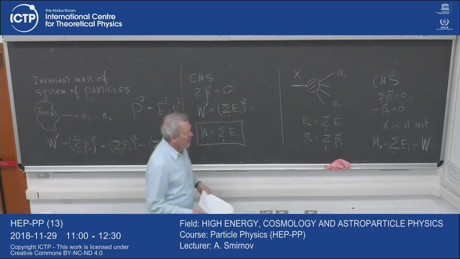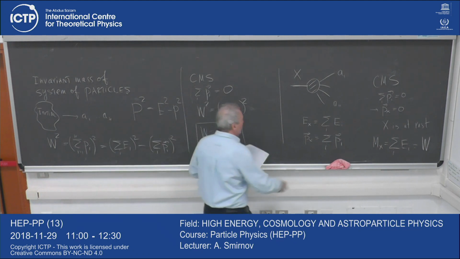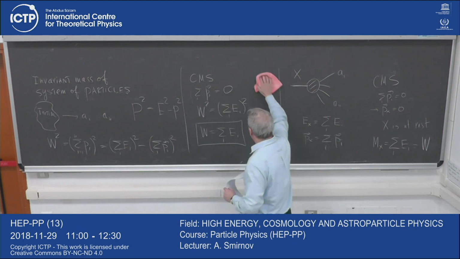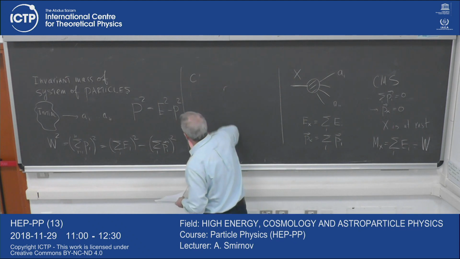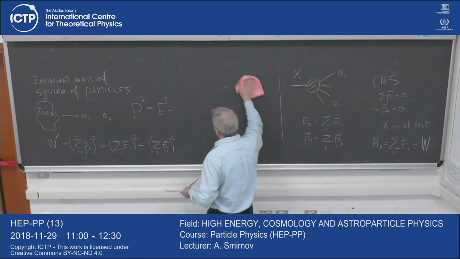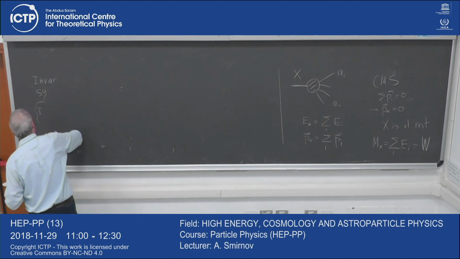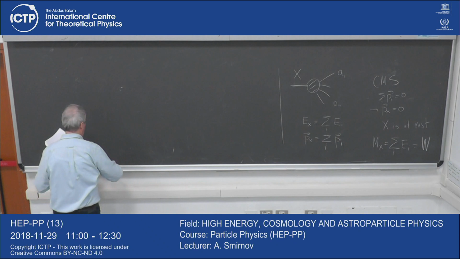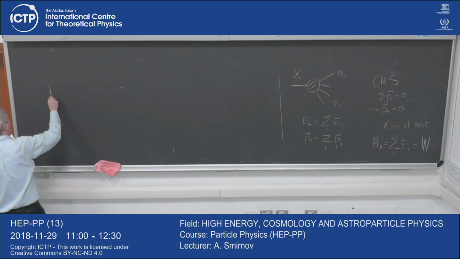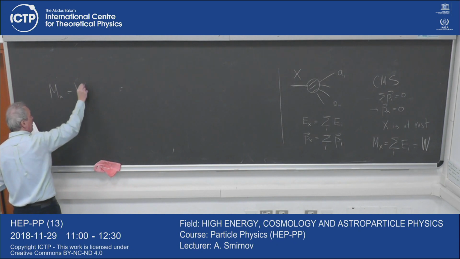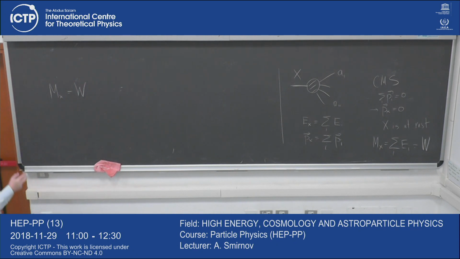Okay, so what does it mean for such a process when we have a single particle in the initial state and some system of particles in the final state? The mass of particle mx equals the invariant mass of particles in the final state.